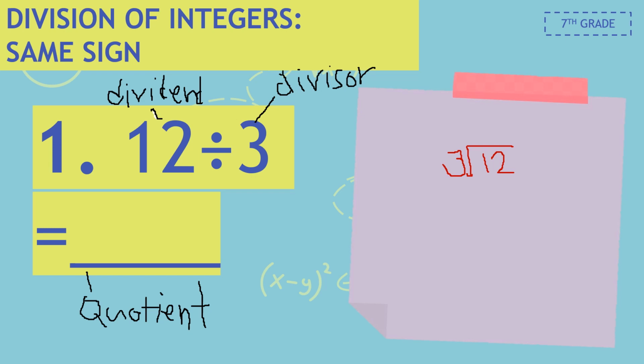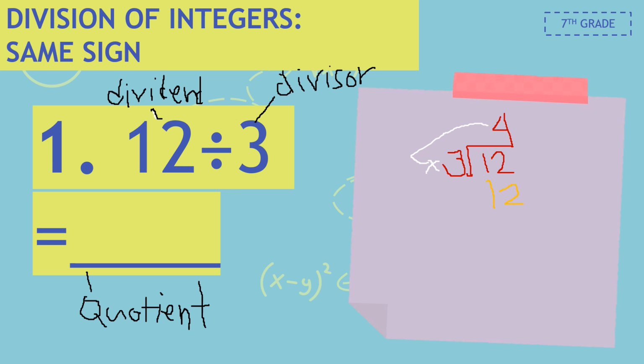So 12 divided by 3 is equals to 4. After you have the quotient, you're going to multiply it to the divisor. What is 4 times 3? 4 times 3 is equals to 12.